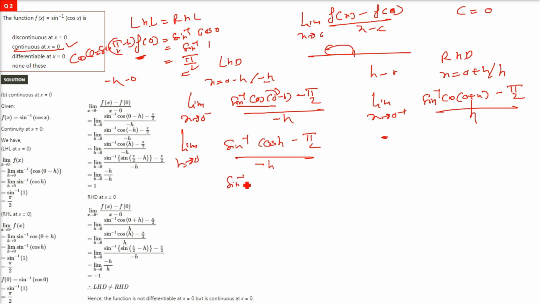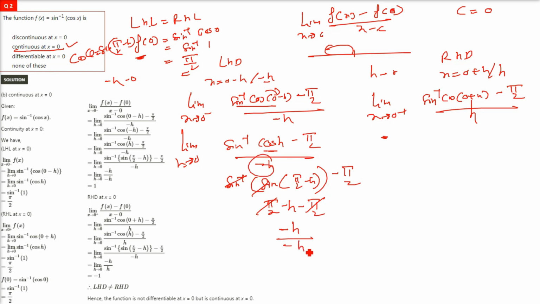That we already know. So cos h, you can write it as sine of pi by 2 minus h, minus pi by 2. So you can just cancel these two out. In the numerator, pi by 2 minus h minus pi by 2, pi by 2 minus pi by 2 cancel out, and minus h by minus h is going to be 1. So limit h tends to 0, you have 1 here.